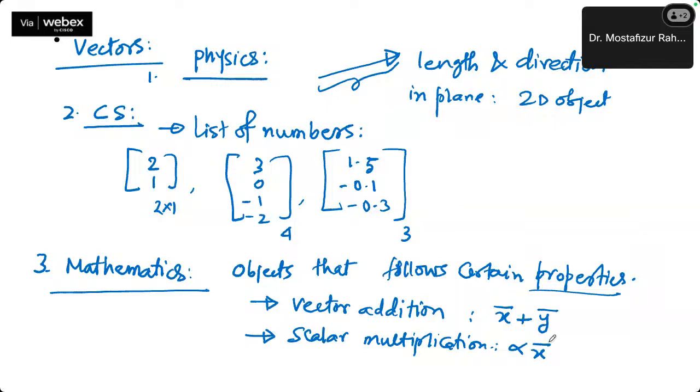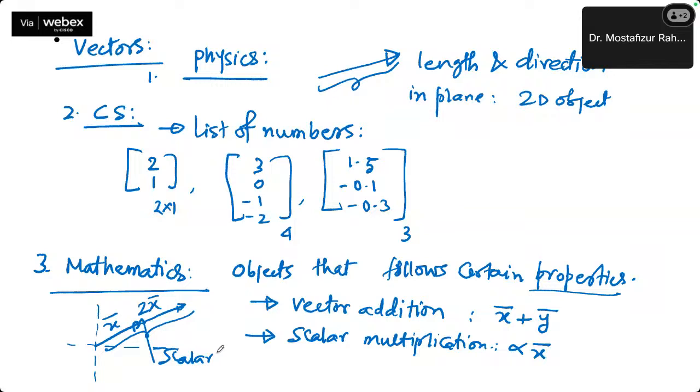I should be able to perform these two operations, right? Suppose this is my x, I should be able to do some scaling of x, say 2x, right? So what I am doing is scaling of the vector x. That's why this particular part is called scalar, that scales a vector.